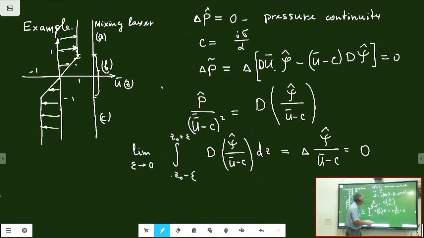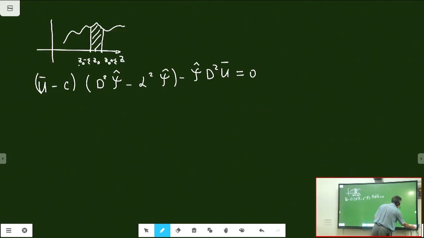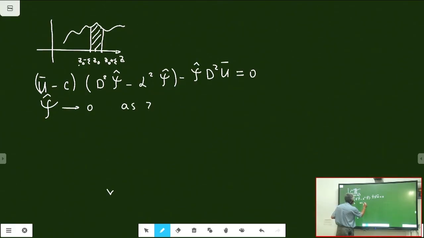All right, so I will need to add the following boundary conditions. As we go further and further away, psi hat tends to 0 as z tends to plus or minus infinity.